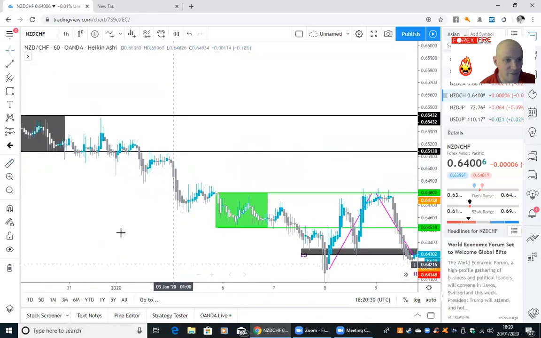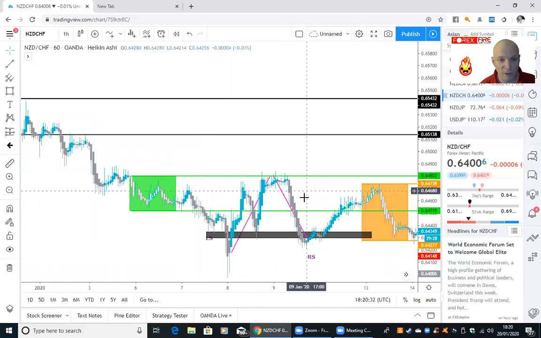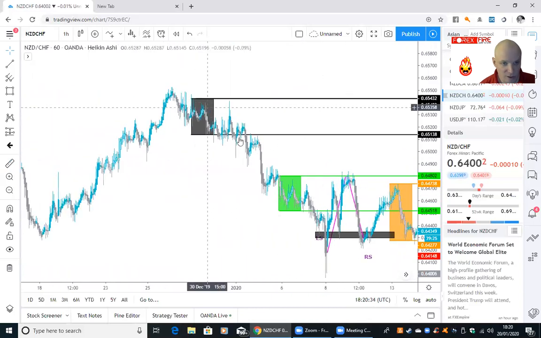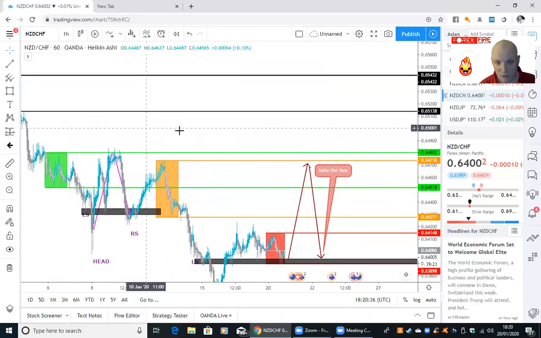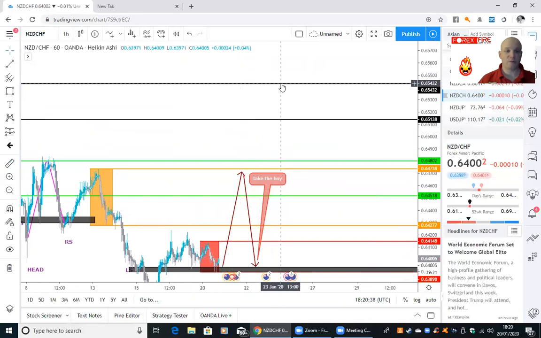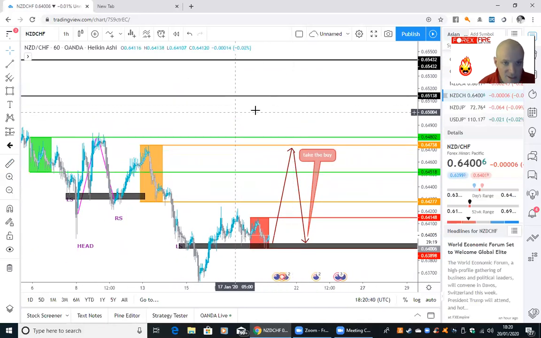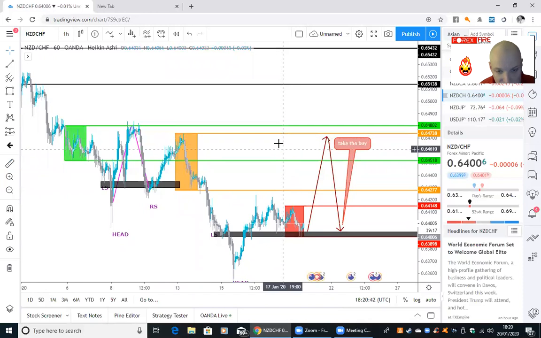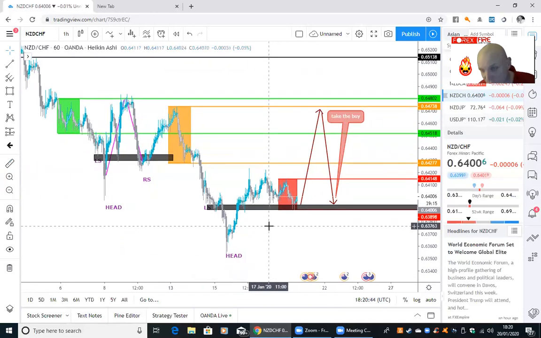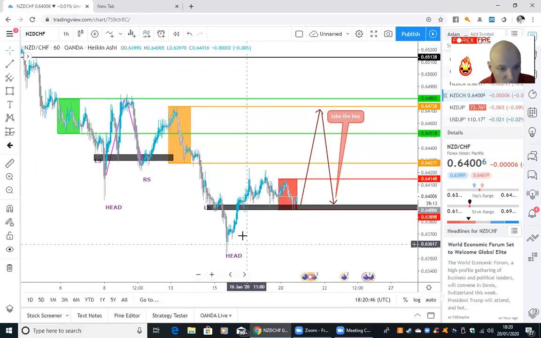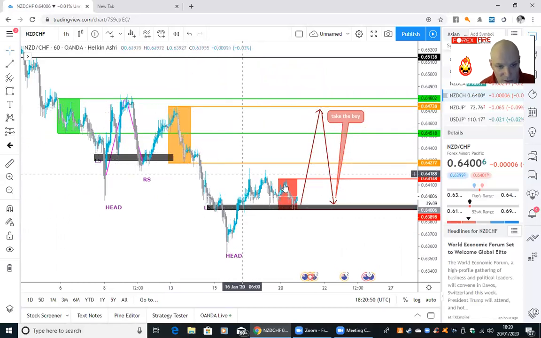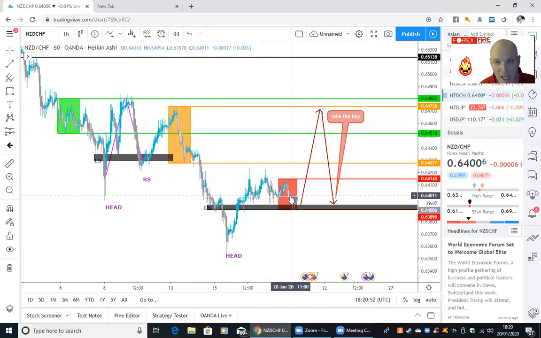Let's just see if there's nothing come on the Monday on the black, because we've had the breakout below and we've not had the retracement back up to this area. So again, guys, on the NZD Swiss franc on the 20th of January, we are waiting for the move on the orange, which is the Forex Monday's candle week of, let's just take a look at my calendar.